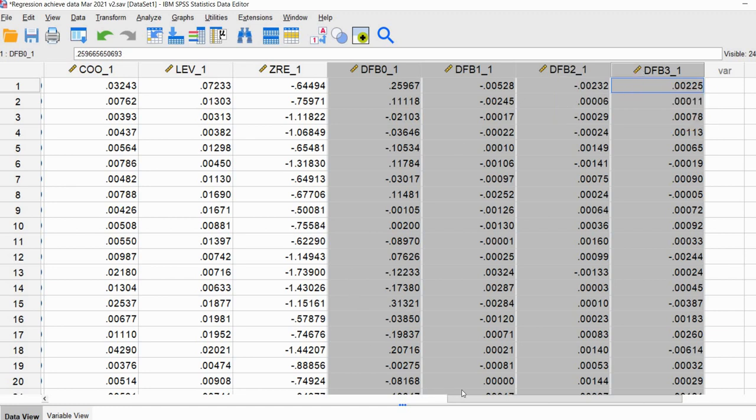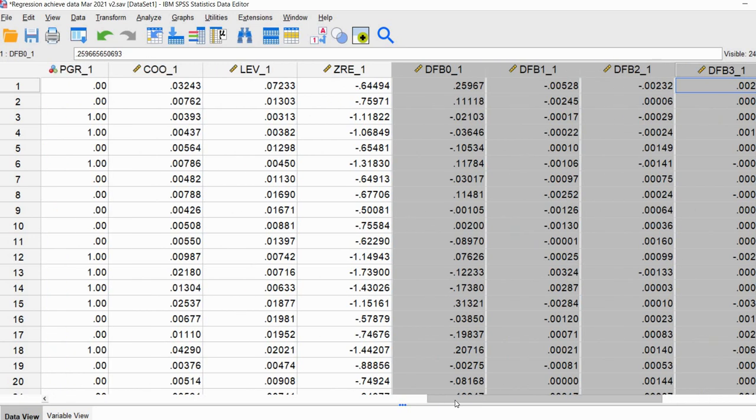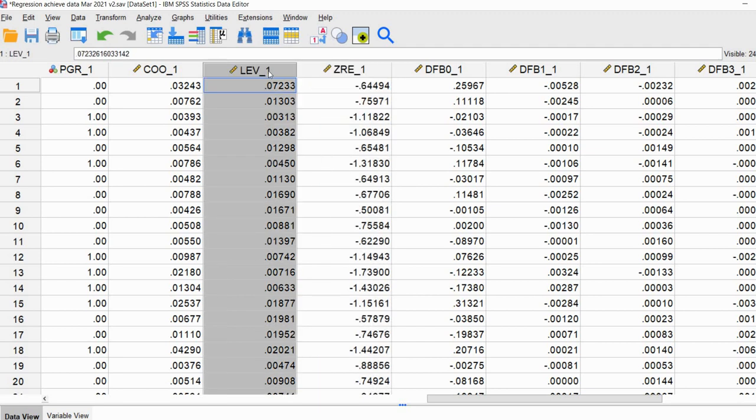Again, I'm going to defer back to the PowerPoint to give you more information on how to unpack the meanings of those values in the columns. You'll also see right here ZRE_1. This is just the standardized residual that we had requested, and then this right here is the leverage value that we had requested.